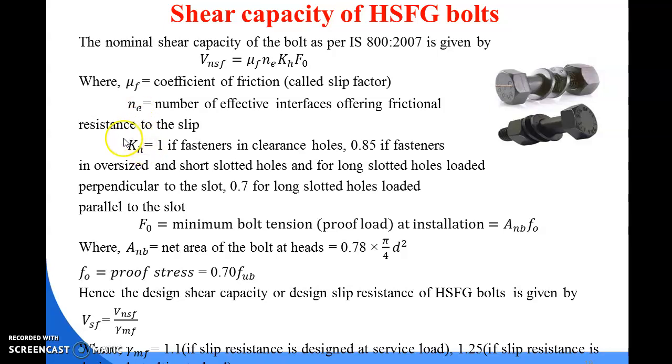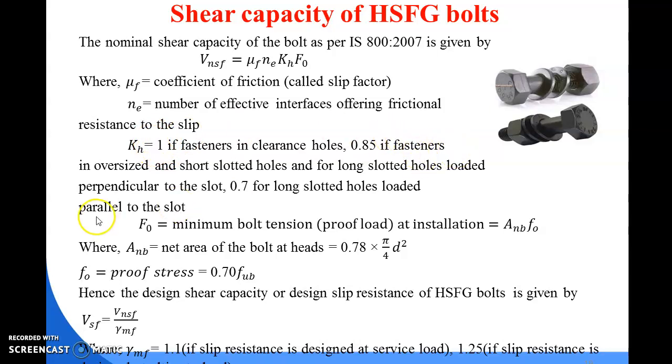Then come to the Kh. Kh is a factor for which 3 kinds of conditions are there. The first condition is if fasteners are in clearance holes, then you can take the Kh value as 1.